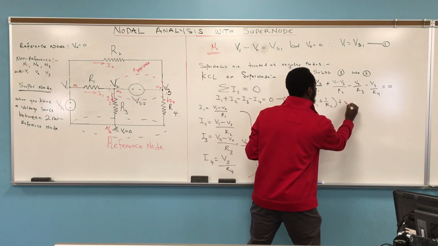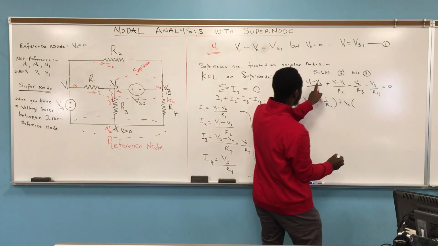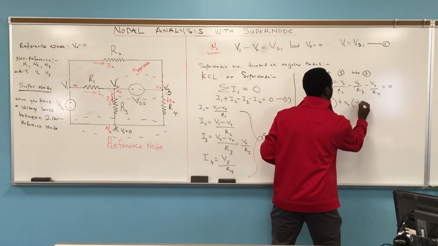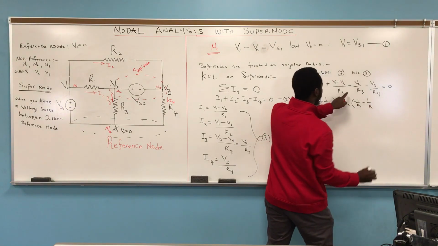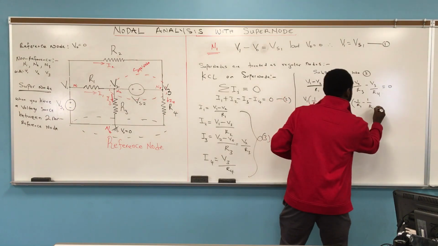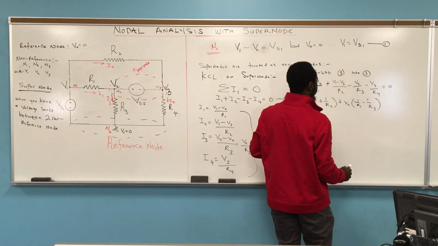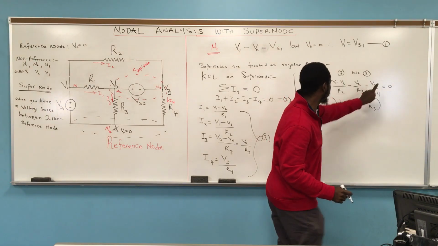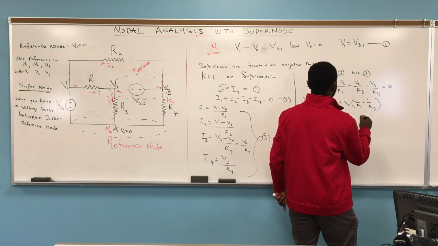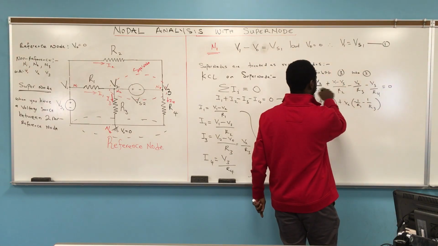Plus V2, which is minus 1 over R1 minus 1 over R3, right? And then the last one is V3, which is a combination of these two, right? Have I missed anything?